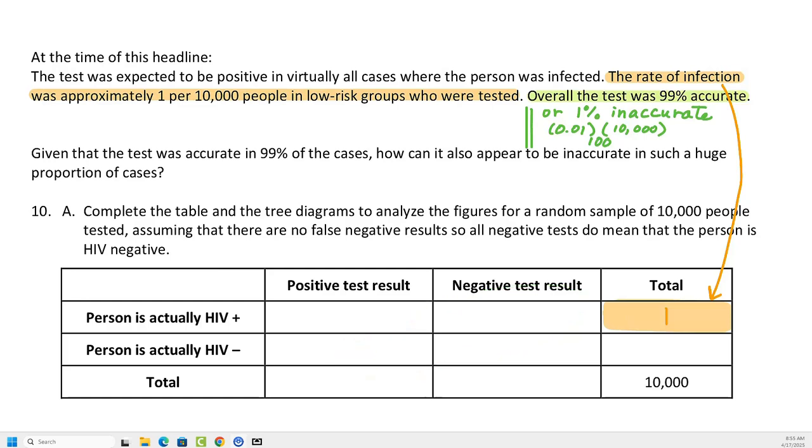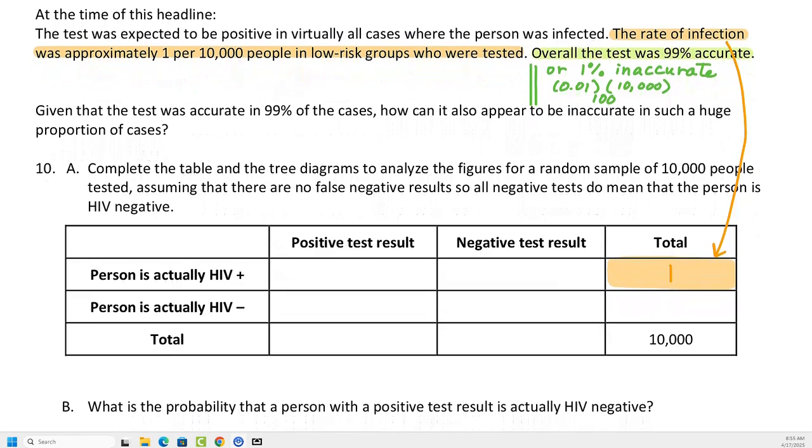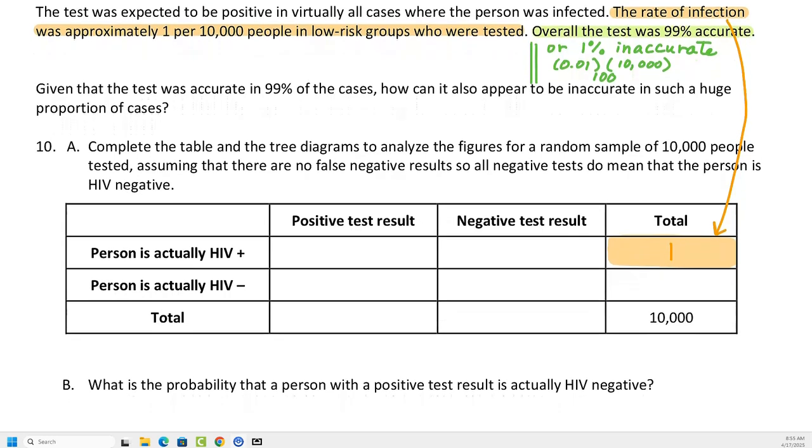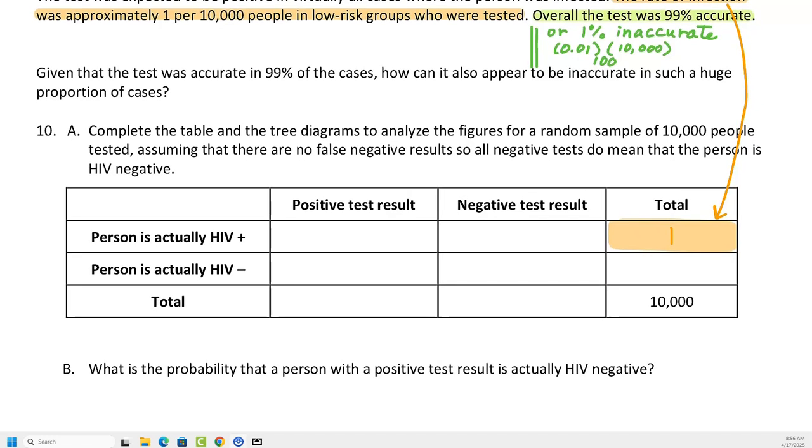Now, there's a given in this next one that we should look at. It says complete the table and the tree diagram to analyze the figures for a random sample of 10,000 people tested, which I already put that number in, assuming that there are no false negative results.